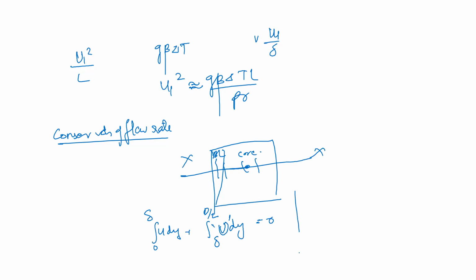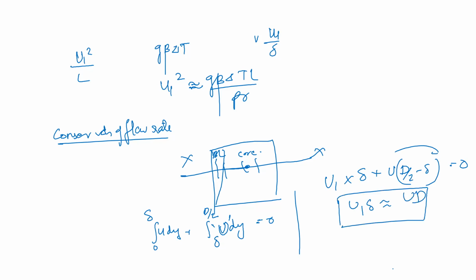So if we integrate, U1 into delta plus U into (d by 2 minus delta) equal to 0. Or in scaling, we can just write, bring it to the other side, U d. U1 delta scales with U d. So please note boundary layer velocity and the core velocity are related by this relation.